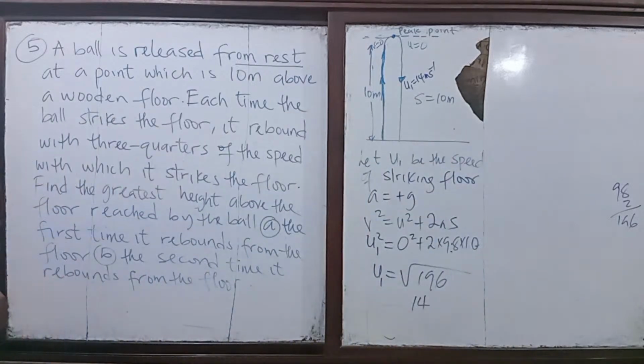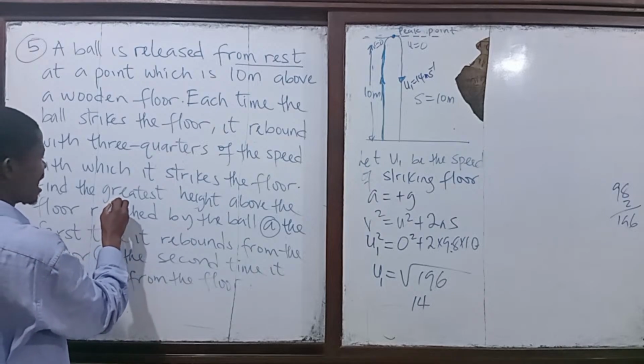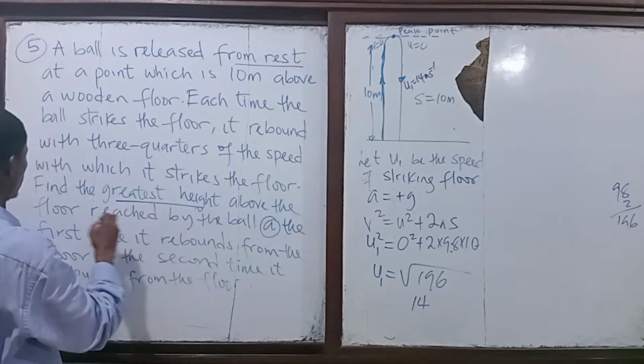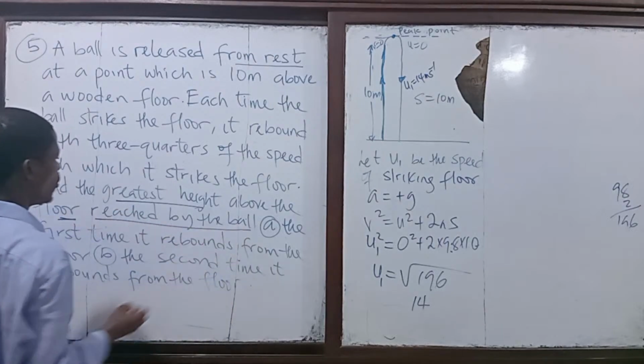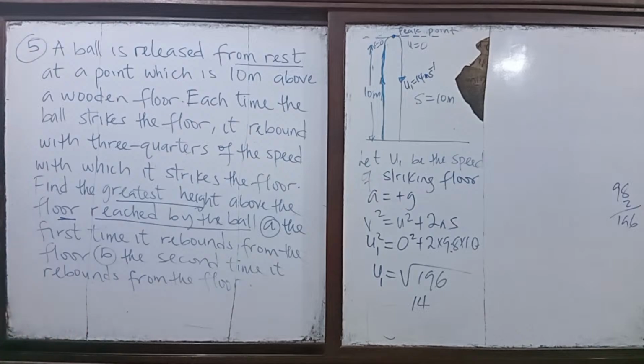Then we are told to find the greatest height above the floor reached by the ball, A, the first time it rebounds from the floor.